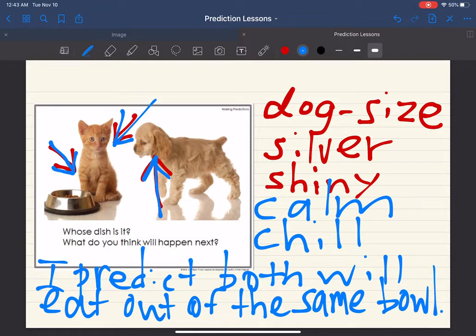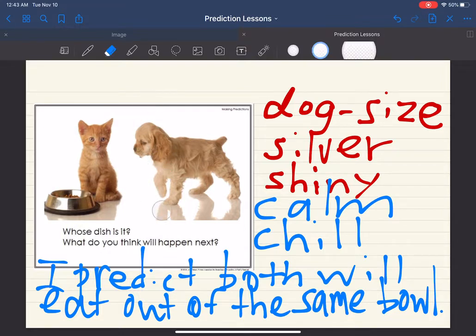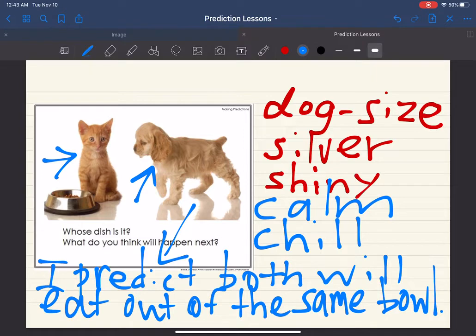So my prediction is based on, remember in the book of the day, we also modeled the feelings and reactions of your characters. In this case, there is a cat and a dog, but I can tell how they're feeling, and thinking about their feelings helps impact my prediction.